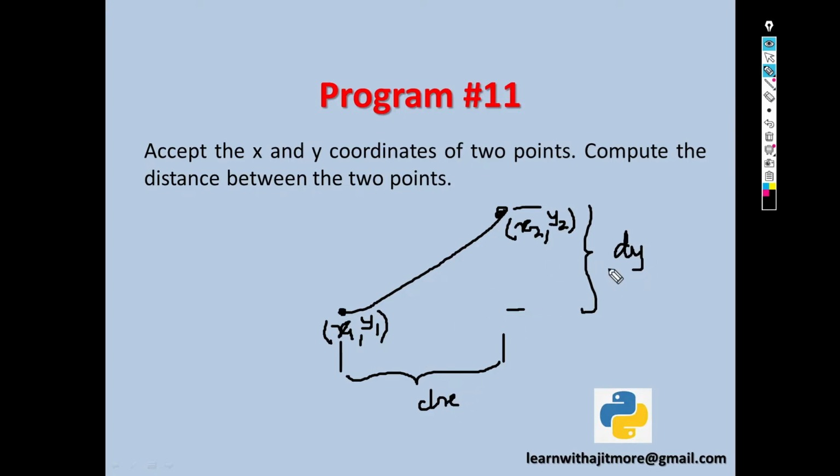Then take the square of these, add them, and then find the root. That is the Pythagoras theorem. So we will be taking dx square plus dy square, and the root of it will give you the distance between the 2 points. That simple it is.